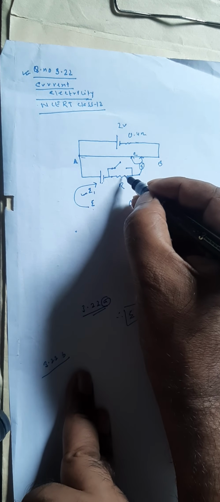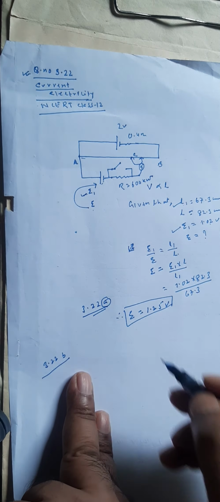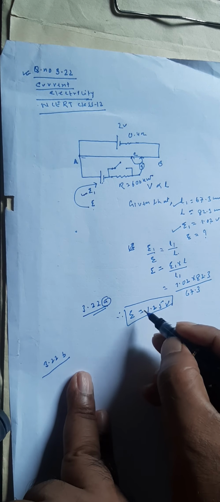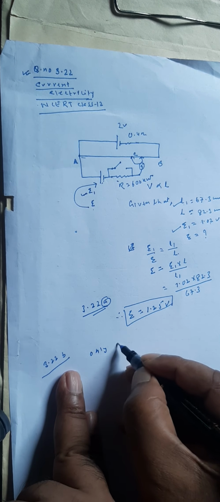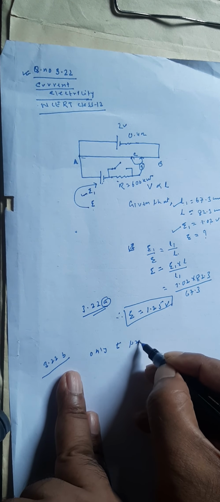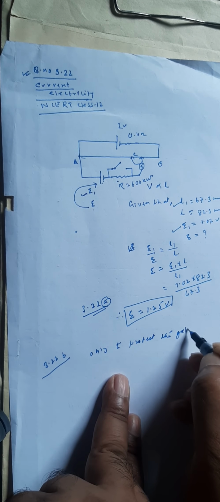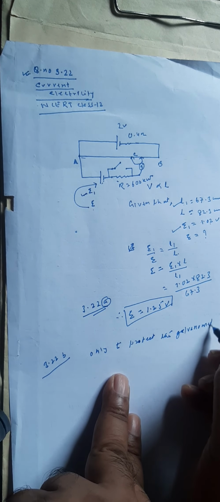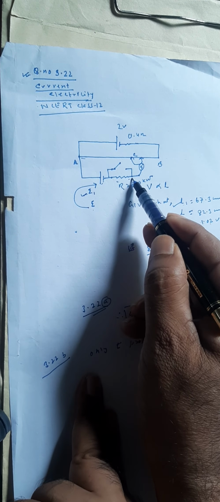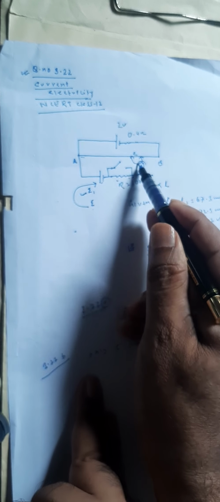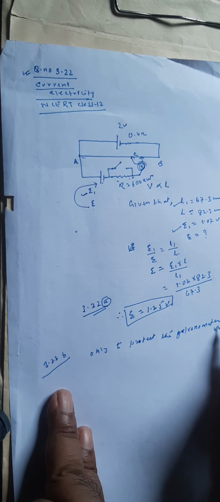So this is the resistance of 600 kilo ohm, and actually this high resistance is used only to protect the galvanometer, because any high resistance reduces the current, and when the current reduces, the galvanometer remains safe. So only to protect the galvanometer.